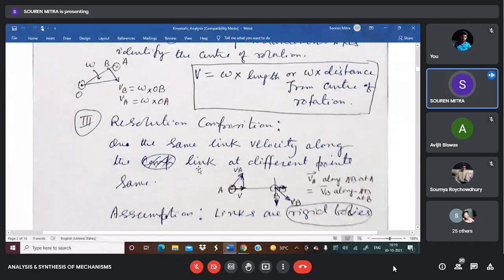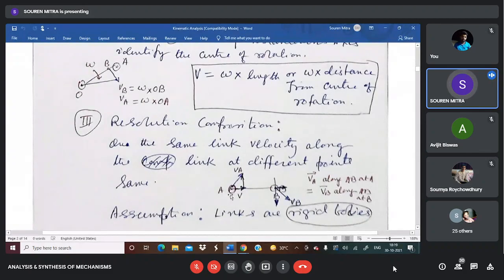What is this method again? It states that, say, this is the link AB. And if we know the velocity here, we want to determine the velocity at this point. Now, the approach is like this, that the velocity at any point on a link can be resolved into two components.